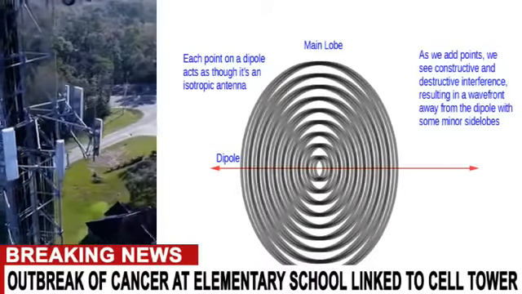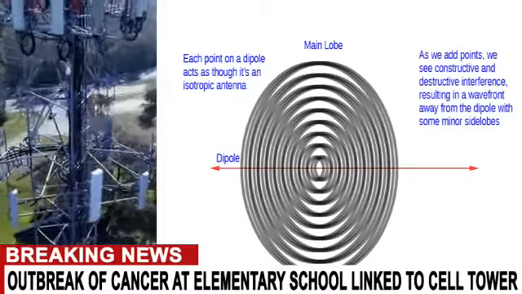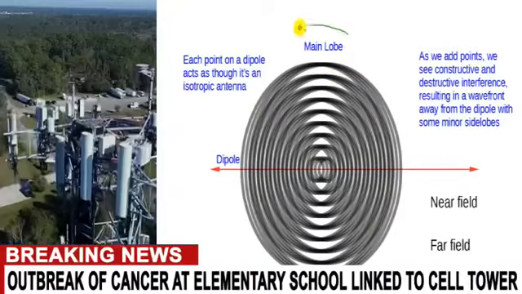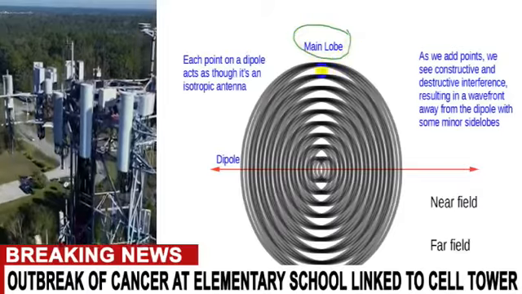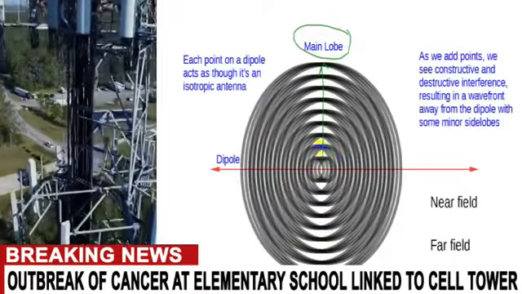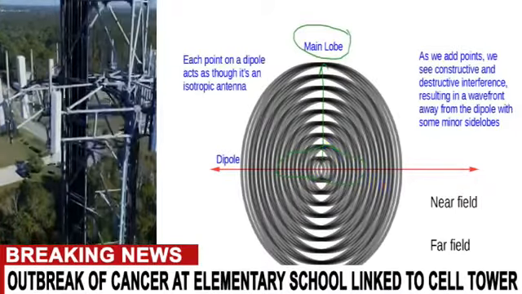Now let's add another point, and we see the radiation pattern focusing even more. As we add a final point here, you can see how all this constructive and destructive interference makes for a mess close to the antenna, but as we get further away from the antenna, things sort themselves out into a proper wavefront.